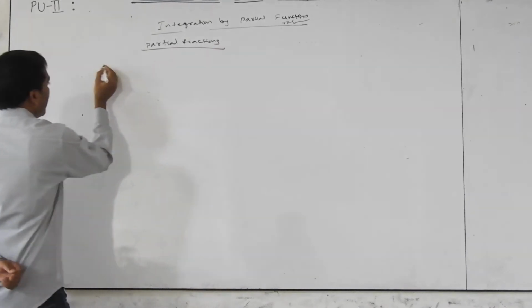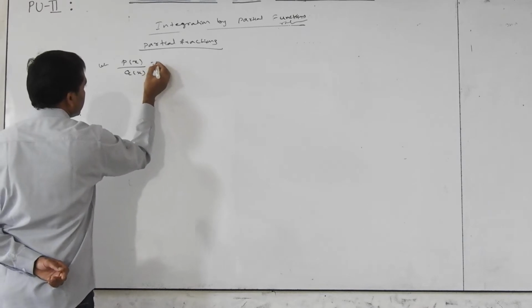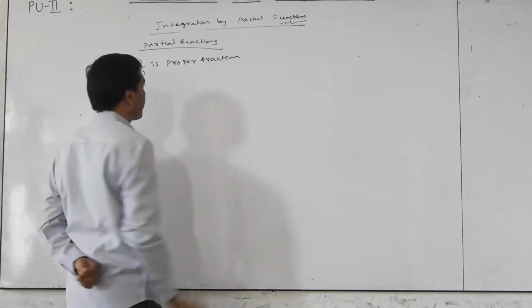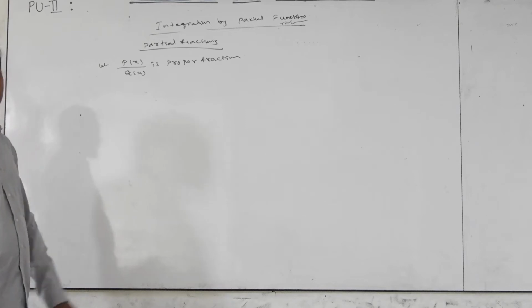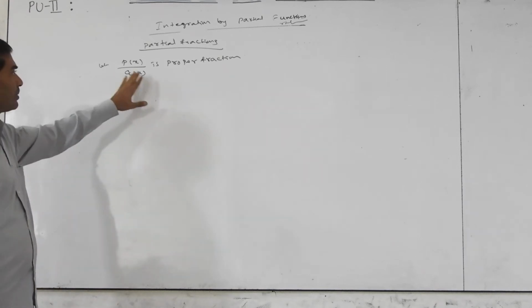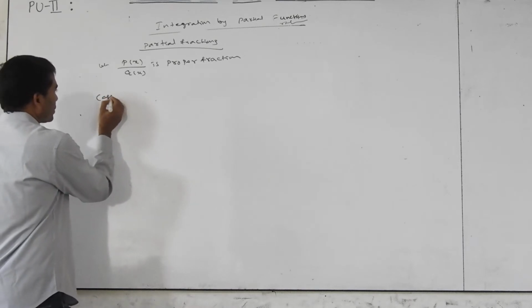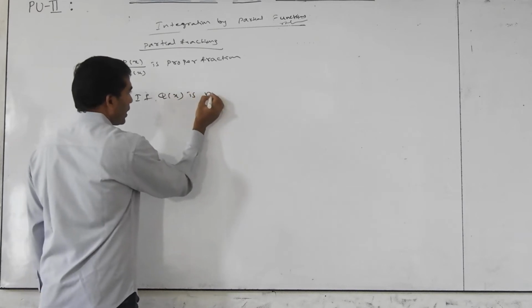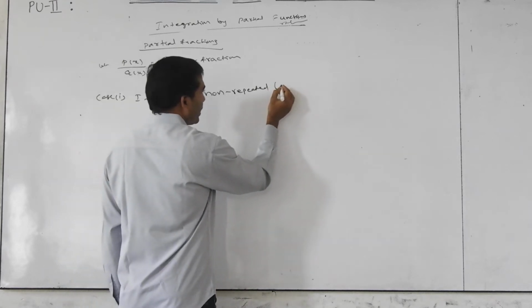Let p of x by q of x be a proper fraction. Now, case 1: if q of x has non-repeated linear factors.